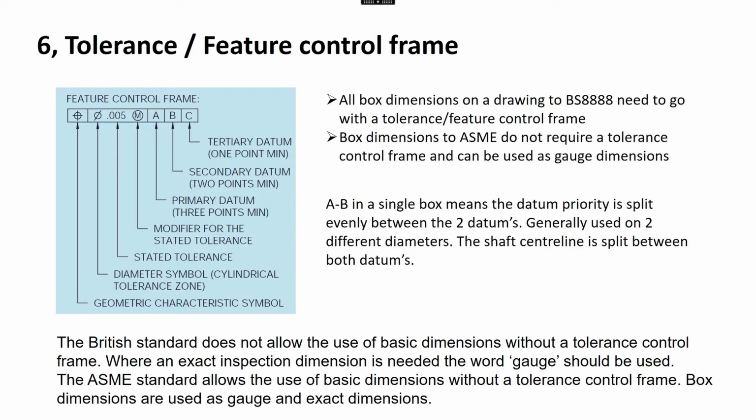So if you've got an end diameter on one end of the part and another diameter on the other end, and you want to machine something in the middle relative to those two diameters, you can split the datum priority by putting A-B as shown there in the middle. So this would go in one of these boxes only.